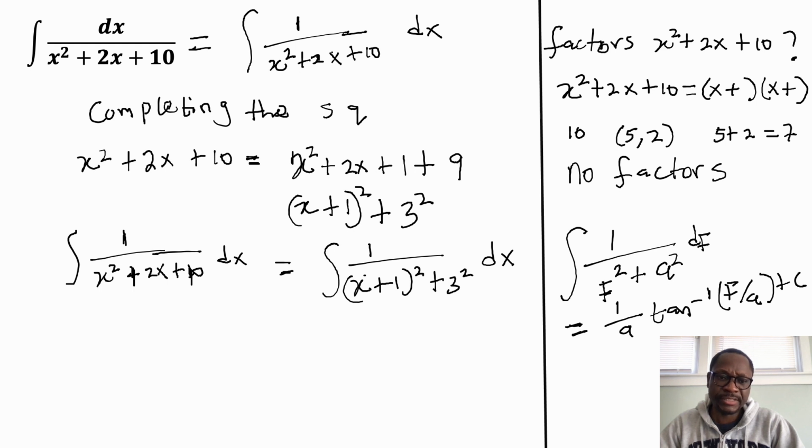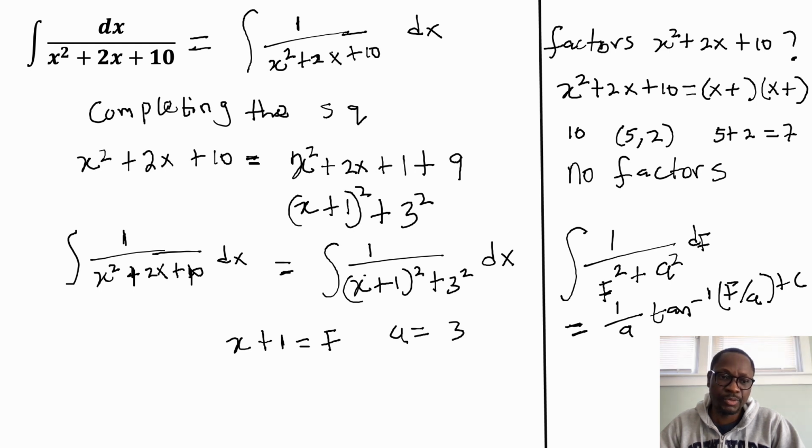Now this is a special, simplified case. In this case, x plus 1 is the f. By comparison, f will be x plus 1 and a will be my 3.